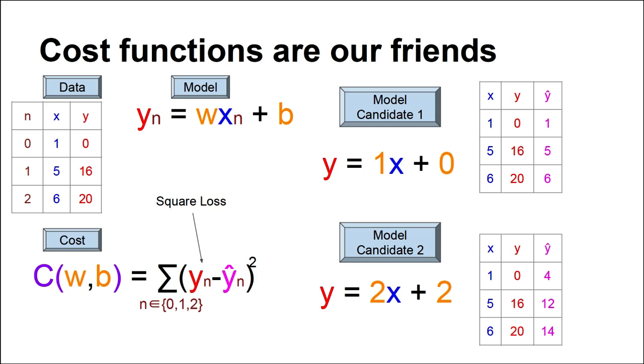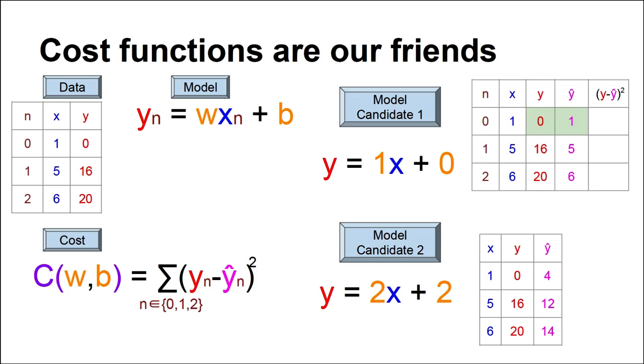In this case, the higher you get, the more different the answer of your model and the actual answer is. Now we are going to compute this. We'll take the first row and compute the difference. We take the second row, do the same, and take the third row, and add them together. That will be the cost of the first candidate model.